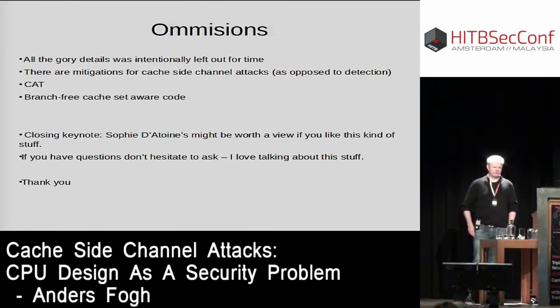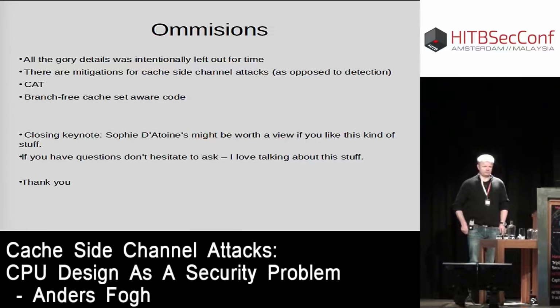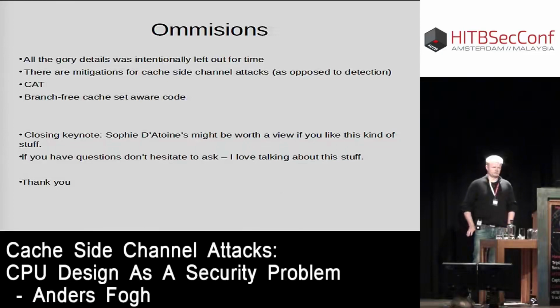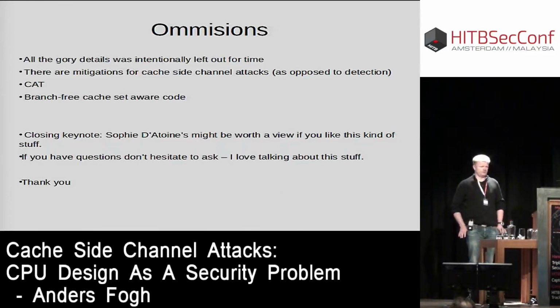Another thing you can do is you can write branch-free cache set aware code. Now, what we saw in the example was that the feature that allowed us to spot what was going on in memory was that we branched. And you can imagine things like arrays and stuff like that being spyable. And if you make your code really, really careful, you can actually make sure that you don't leak any vital information by being aware of what cache set you're using and why, and avoiding branches and stuff like that.